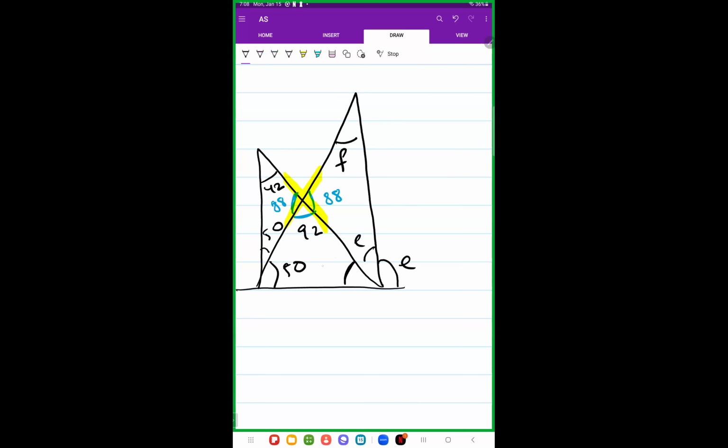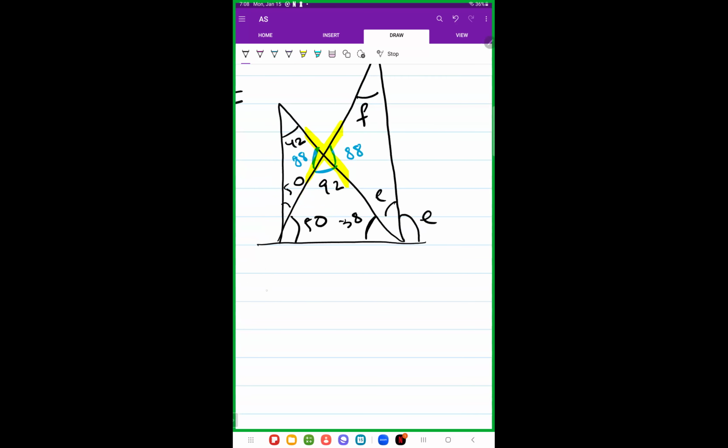38. If this is 38 and they've given you E and E over here, can I write down E plus E plus 38 is 180, angles on a straight line? But can't we write E and E as 2E? Yeah, that's what's going to happen.